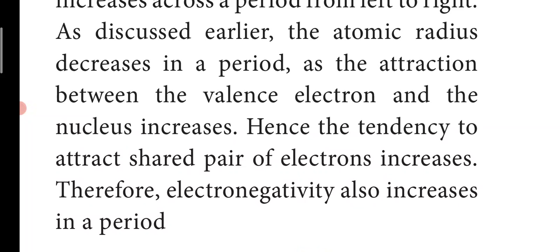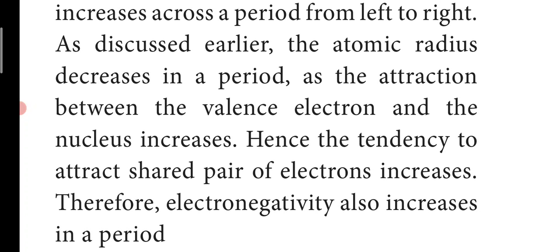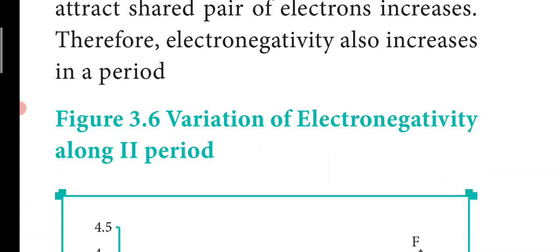No. So it is not possible for the other atom to attract the pair of electrons from the smaller size atom. So the electronegativity increases. You have to supply more energy to attract the shared pair of electrons in the outermost shell, since they are in good contact with the nucleus. Now along the period, electronegativity increases.